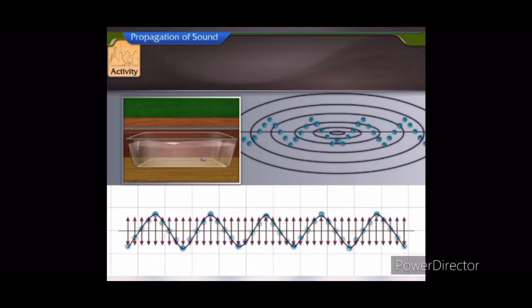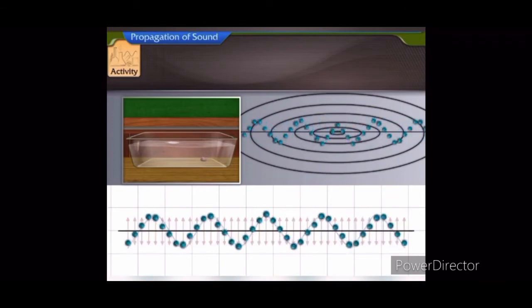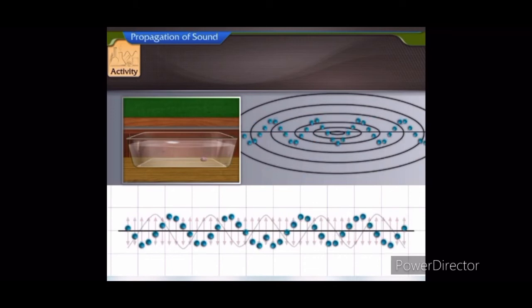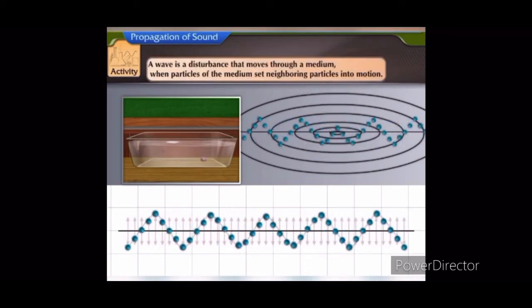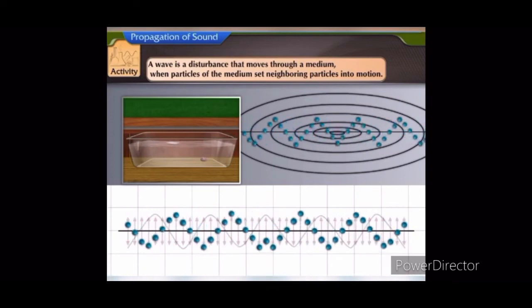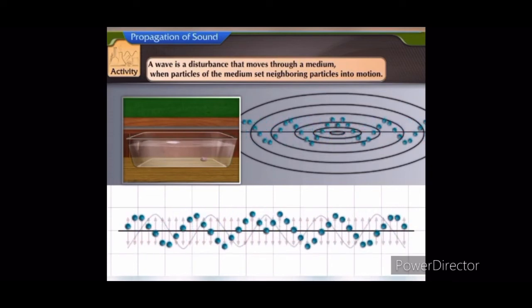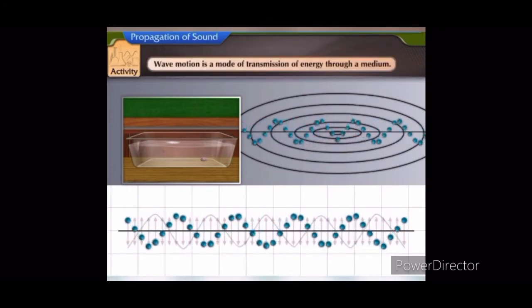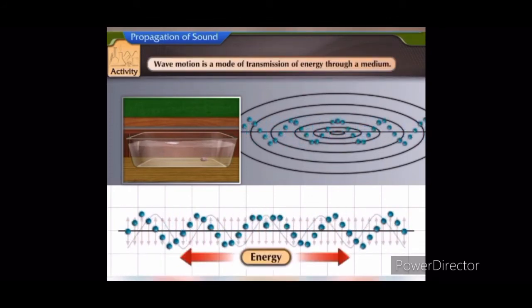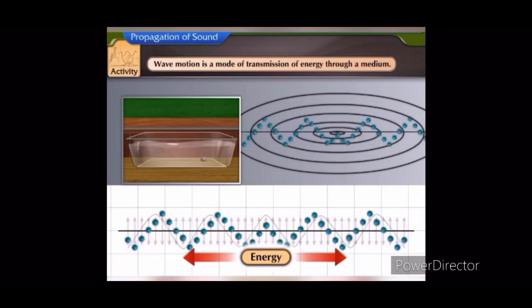This continues and a wave is seen traveling on the surface of the water. Hence, we can say a wave is a disturbance that moves through a medium when particles of the medium set neighboring particles into motion. Thus, wave motion is a mode of transmission of energy through a medium.